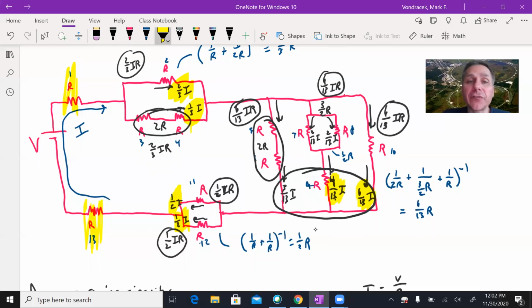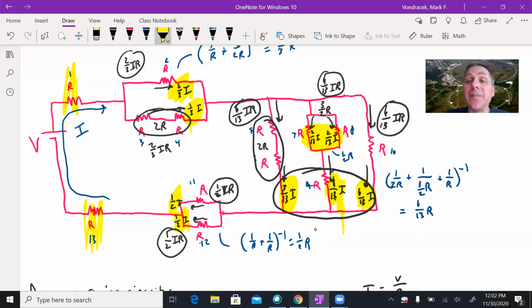It looks like resistors 3 and 4 would be next, then the 4/13. 4/13 is a little bit less than a third. Then we're going to have 5 and 6, the 3/13 of your total current. And then the dimmest ones will be 7 and 8. Those have the smallest fraction of your total current going through them.